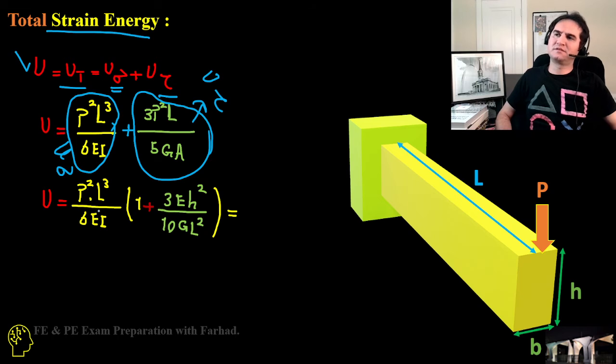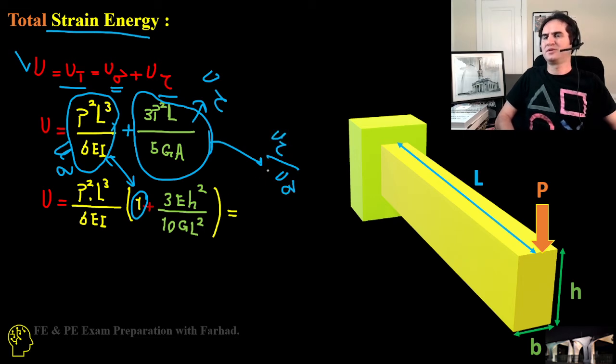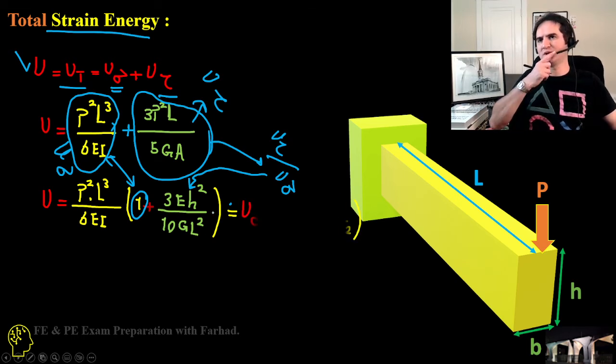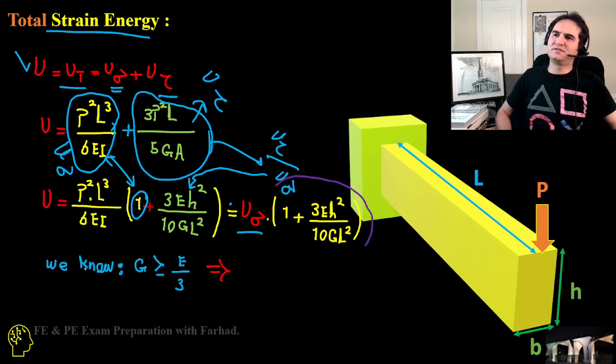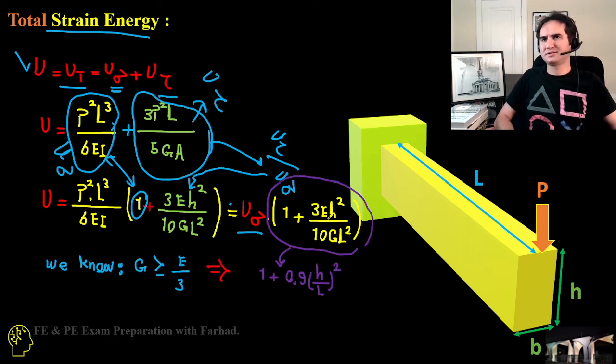If you factor out U sigma and divide this part over U sigma, that's U tau over U sigma. You can easily reach this equation, 3EH squared over 10GL squared. If you rewrite it based on U sigma, U is U sigma times 1 plus this expression.